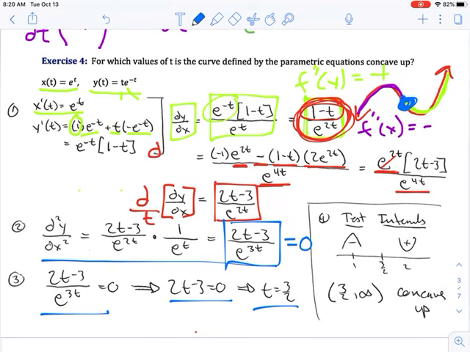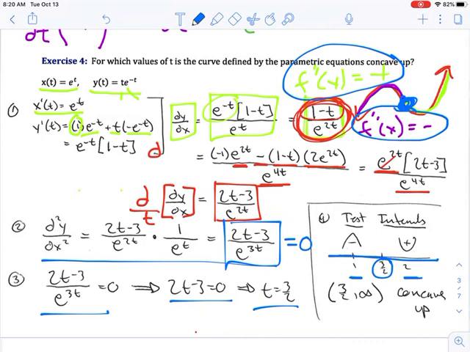In Calc 1, you learned that a really good way of determining concavity is to make a number line and put 3/2 on the number line. Take a point to the left of it, take a point to the right of it, and plug it into your second derivative. Remember what I wrote up here: where the second derivative is positive, it's concave up. Where the second derivative is negative, it's concave down. I take the point 1, plug it into my second derivative, and I don't care about the number, I just care whether it is positive or negative.